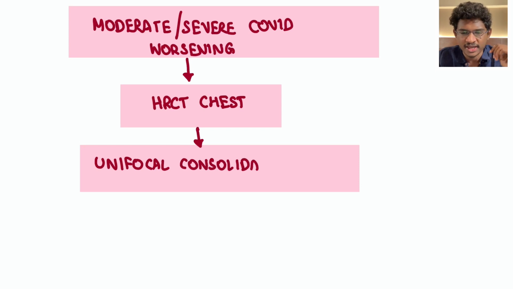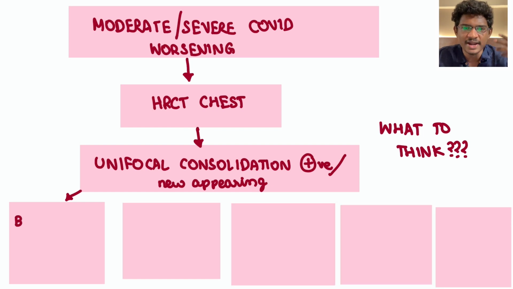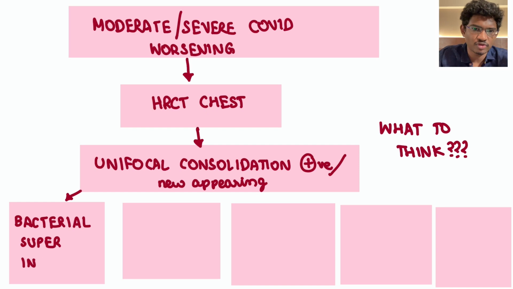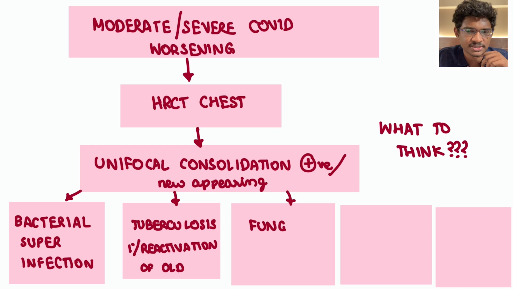You are doing the HRCT test and you are finding some new unifocal consolidations. What all can you think of? First is any superadded infections, like bacterial infections evolving into lung abscesses, or tuberculosis in our country, and also the patient is receiving dexamethasone or immunosuppressive agents.